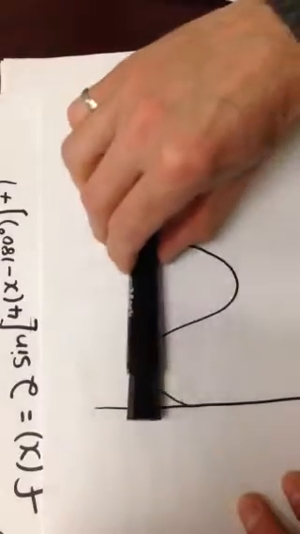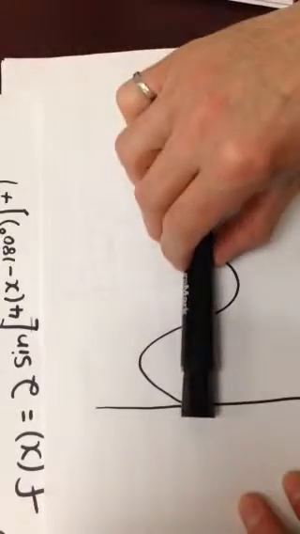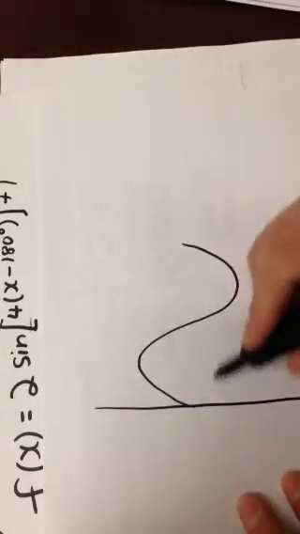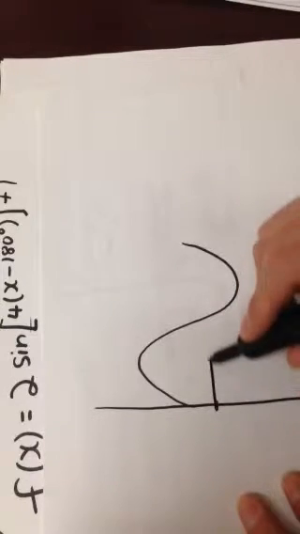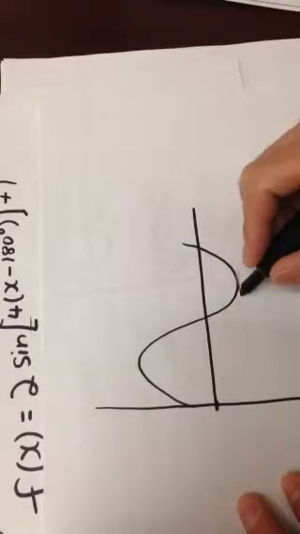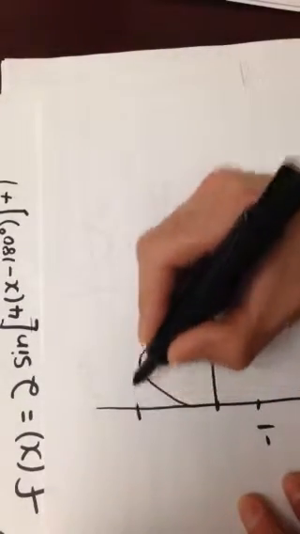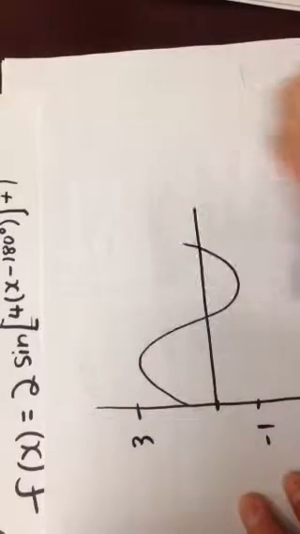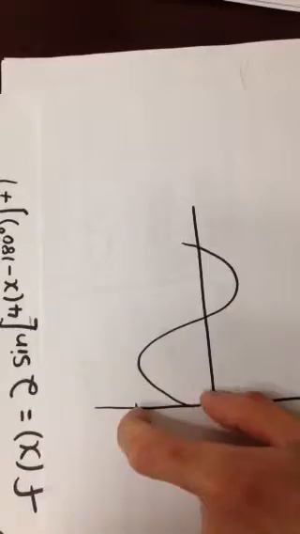Because it was shifted up by 1, I'll just move the axis down by 1. Our amplitude is 2. So if the axis comes down by 1, it's going to go as low as -1 and as high as +3. That gives us a distance from our rest position of 2.